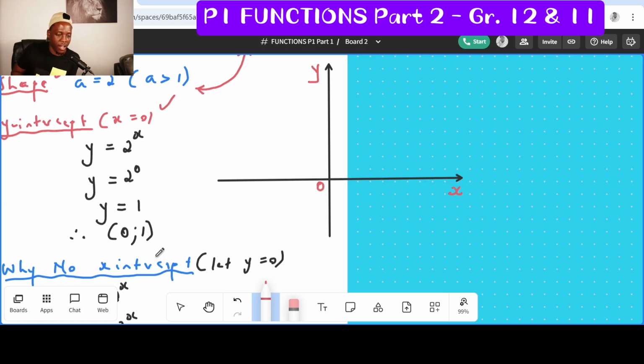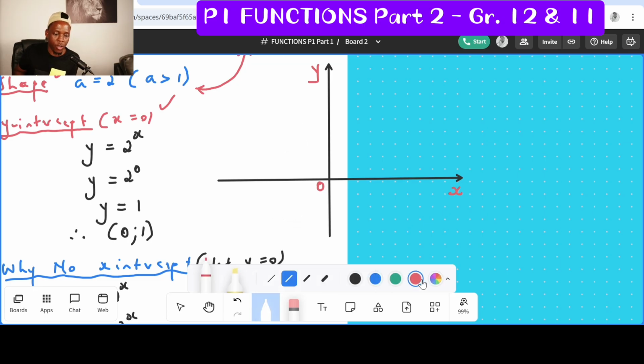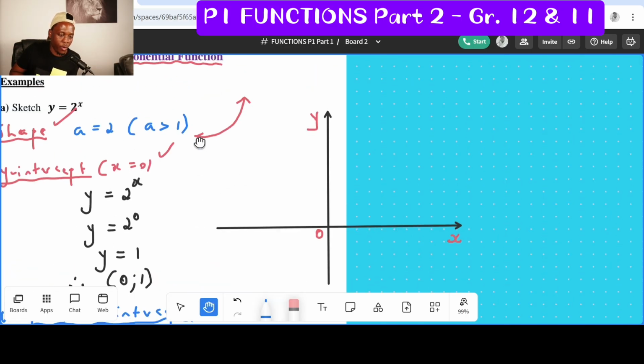So this graph is going to cut at 0, 1. So the y value is 1, and 1 is above 0. So that's why this graph, guys, is not going to be crossing over the x-axis. It will never get under the x-axis. It will remain above the x-axis because the x-axis is acting as the asymptote of this graph. So the shape, remember we predicted it already, is going to be curving upwards like that.